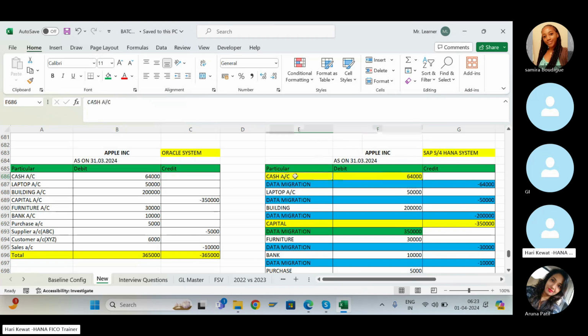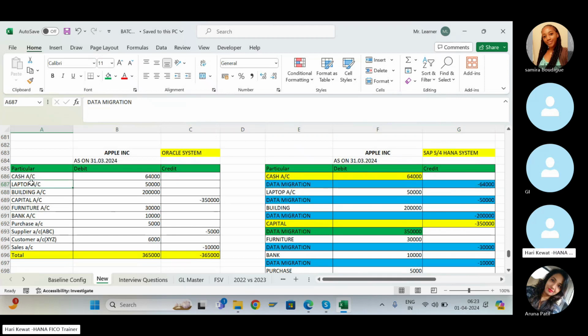So you have one debit, but you need one credit line item. That is known as a data migration GL. So you have to create one data migration GL and debit or credit it depending on the nature of the GL. Here cash you are debiting, so the data migration GL you have to credit.